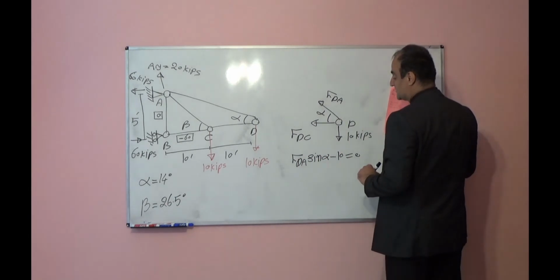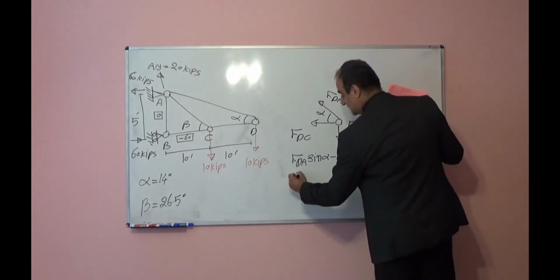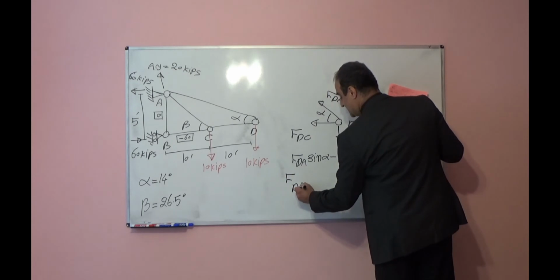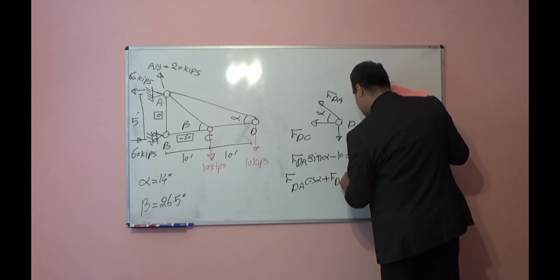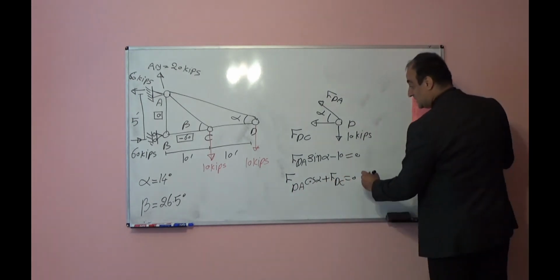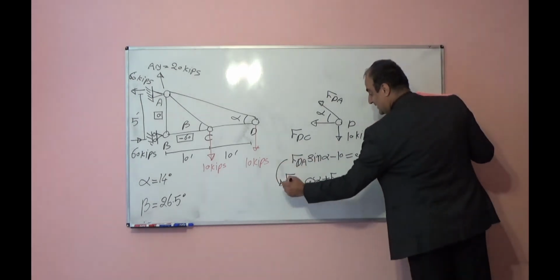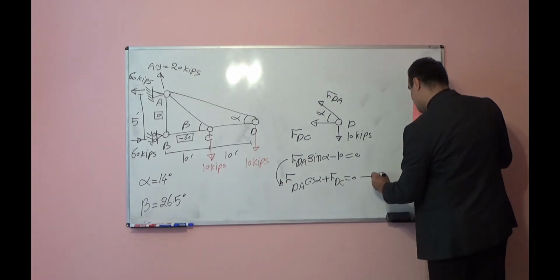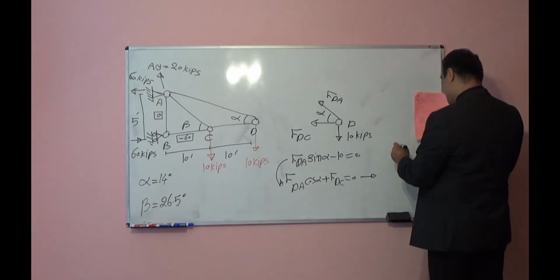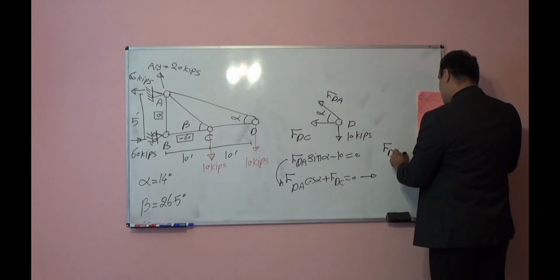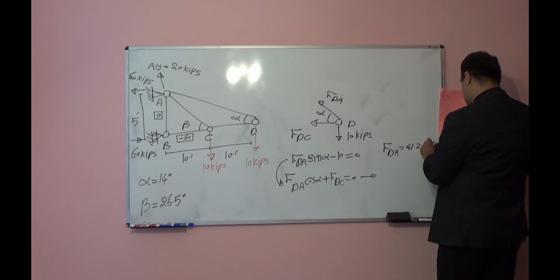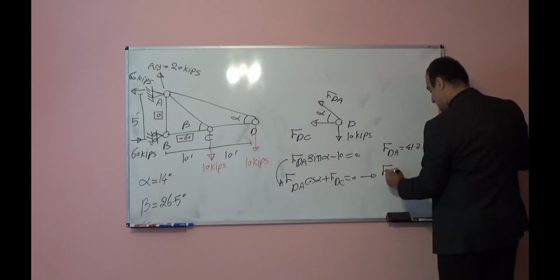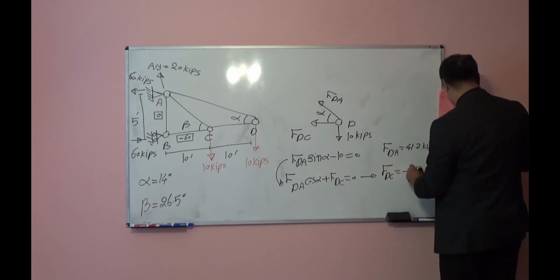Summation of forces in horizontal direction is equal to 0. It means FDA cosine alpha plus FDC is equal to 0. From here you can find FDA, you will plug here, you will find FDC. So FDA finally will be equal to 41.2 kips, and FDC will be equal to negative 40 kips.